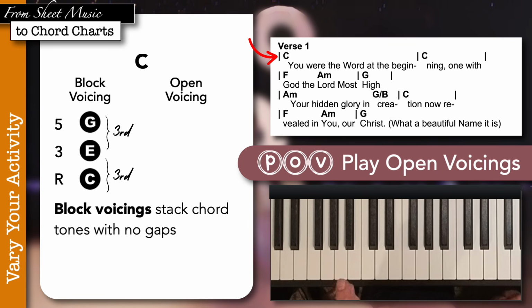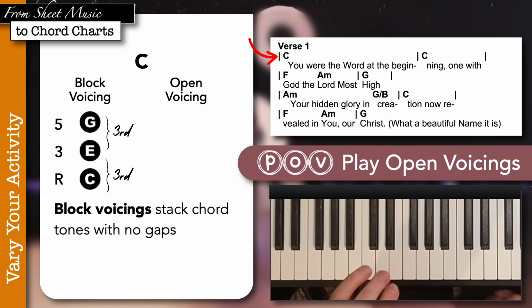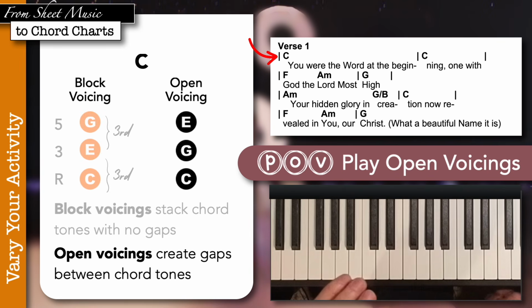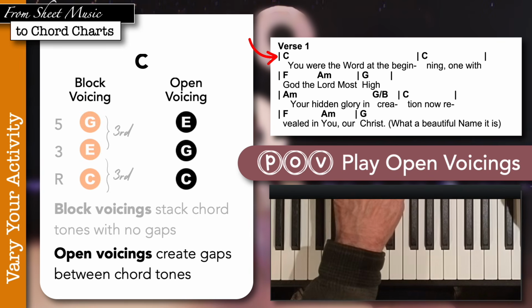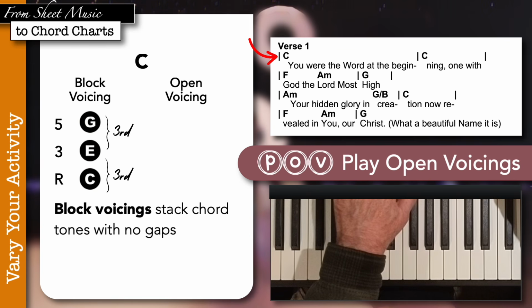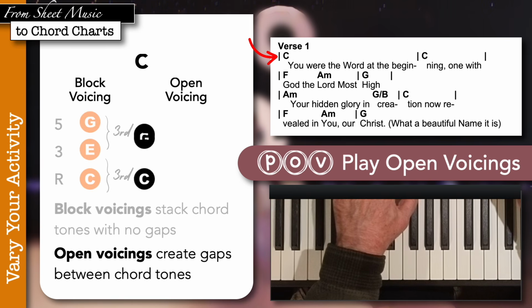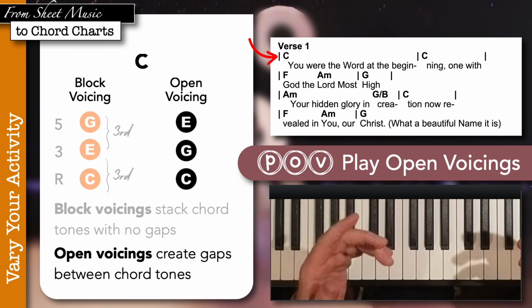Using Live Motion in this graphic, first of all, on the far left side you see R, 3, 5 stacked, and I've got C, E, G there. Those are the parts of the block voicing, and the block voicing is defined underneath it. If I advance, the notes that make up the block voicing switch places, the E and the G reverse. That's kind of cool to see that animation.